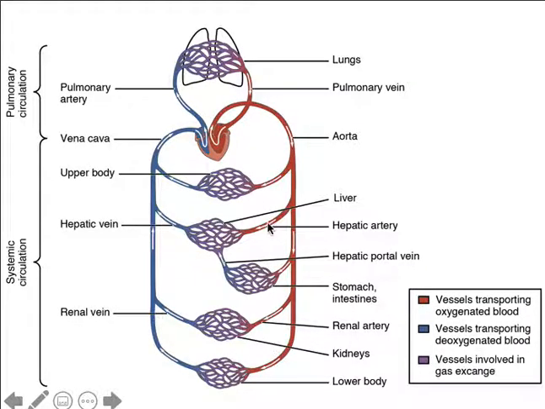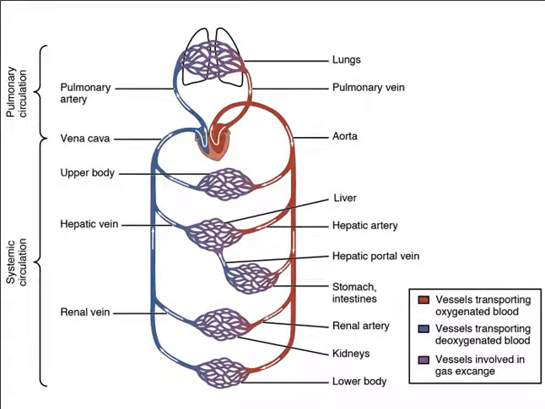The oxygenated blood and the relatively deoxygenated blood in the hepatic portal vein mix together within the liver. Those vessels then join up to form the hepatic vein, which empties deoxygenated blood into the vena cava, which then returns the blood back to the right-hand side of the heart.